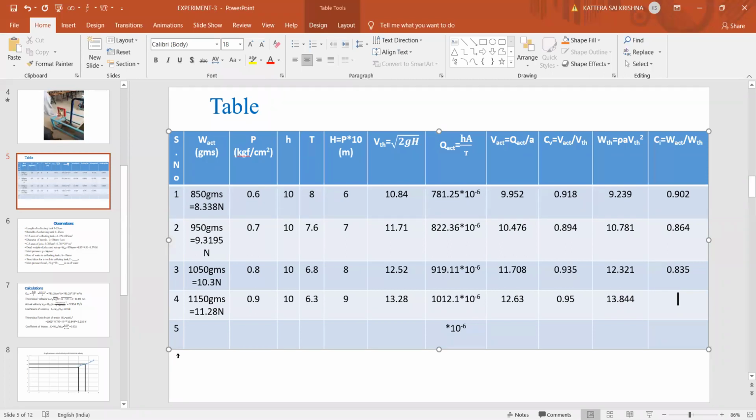Next, Harshavardhan, 327. Next, 331, Kalyan. Next, last, Pardu.